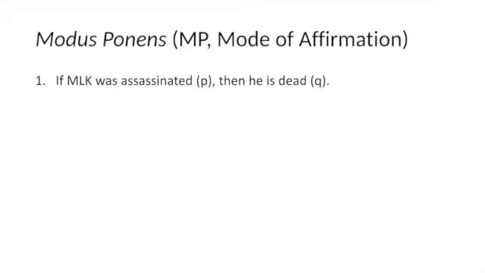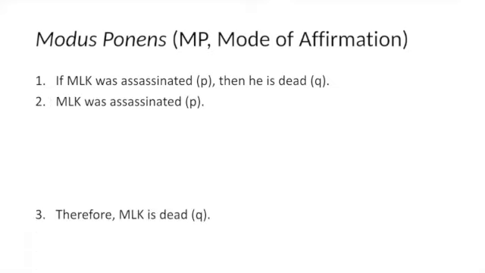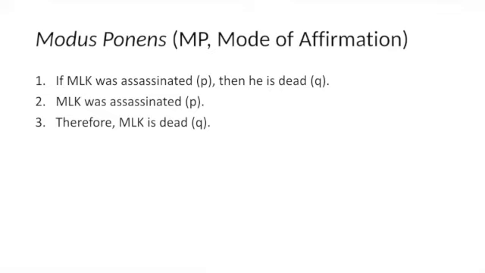So here's an example of a modus ponens argument. If P then Q: if Martin Luther King was assassinated, then he is dead. Martin Luther King was assassinated, thus Martin Luther King is dead. This is an example used in one of the textbooks I sometimes use.